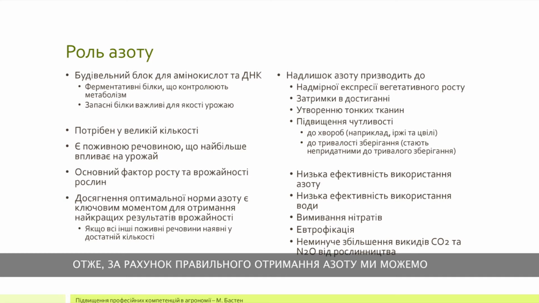So by getting the nitrogen rate right, we can save some of these CO2 emissions. And in the field, we have nitrous oxide emissions, N2O, which also contribute to global warming. And these emissions depend also very much on the quantity of nitrogen applied.